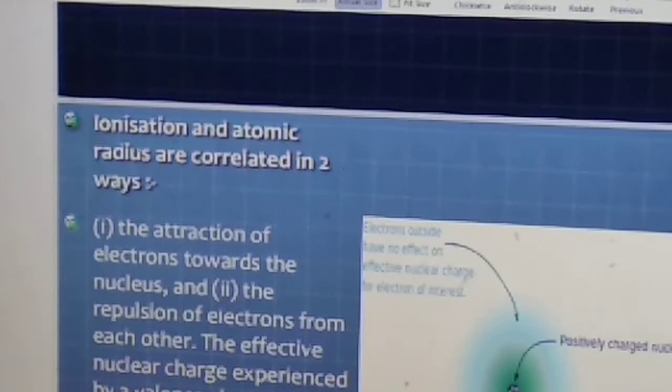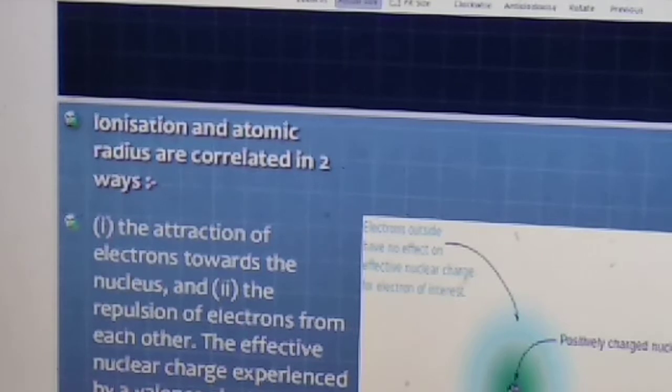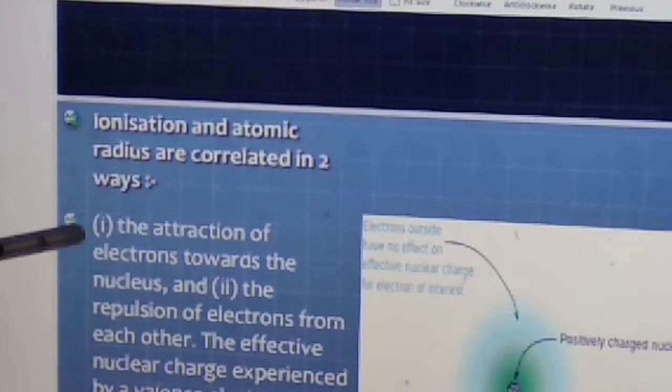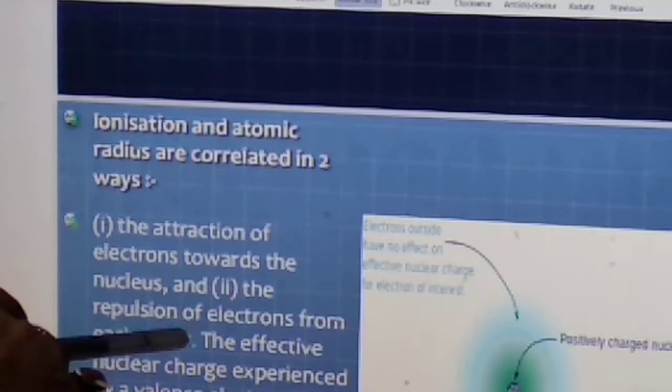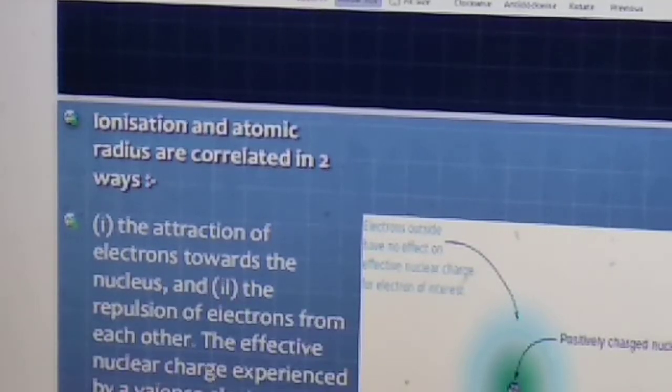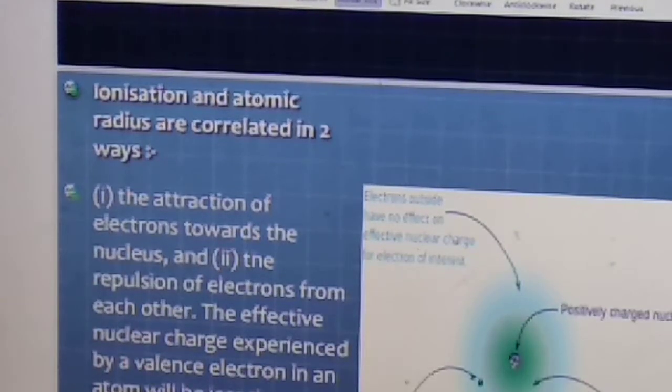Now students, ionization and atomic radius are correlated in two ways. What are the two ways? First way is the attraction of the electrons towards the nucleus and the repulsion of electrons from each other.